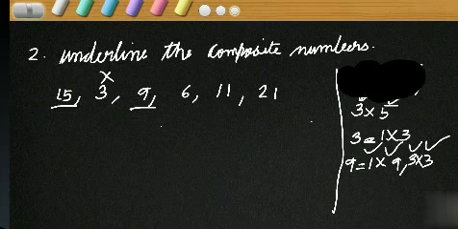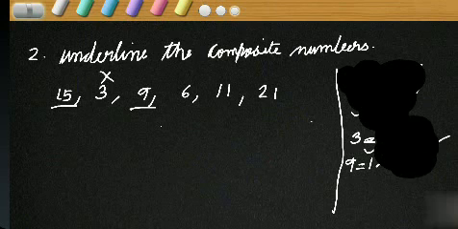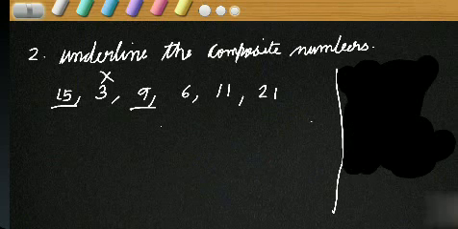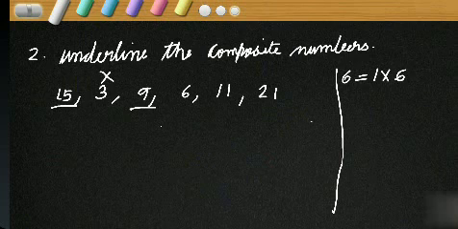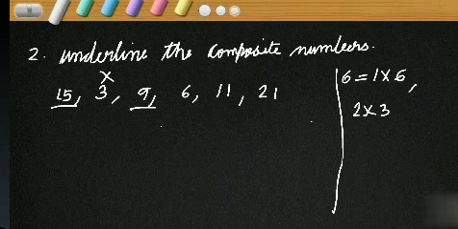Now consider the next number 6. Which are the factors of 6? Of course, 6 can be written as 1 into 6. Anything else? Is 6 in 2's table? Yes, 2 3s are 6. This much only are there. Can you find any other factor for 6?